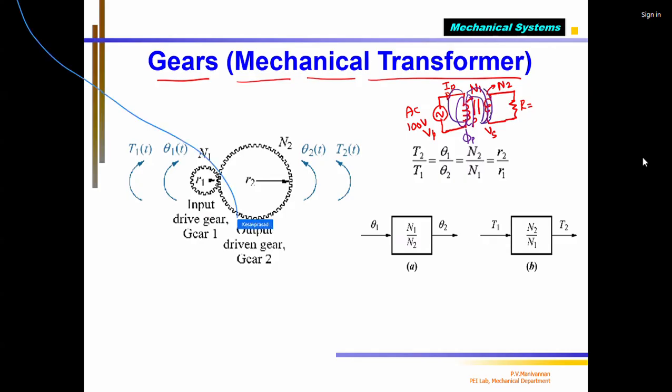Because the magnetic flux is cutting the secondary coil, this will induce a voltage, which we call VS. Because the voltage you are applying is only on the primary, and a voltage appears in the secondary because of magnetic coupling. Note that in an electrical transformer we call this magnetic coupling.